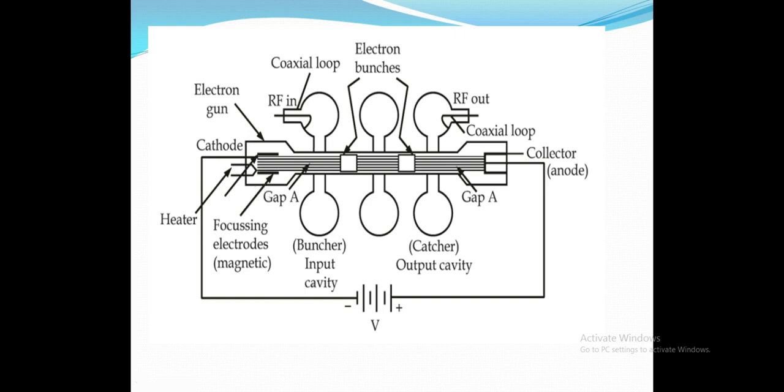The function of the focusing electrodes is to keep the electron beam in the center. So the electron beam has to be centered.